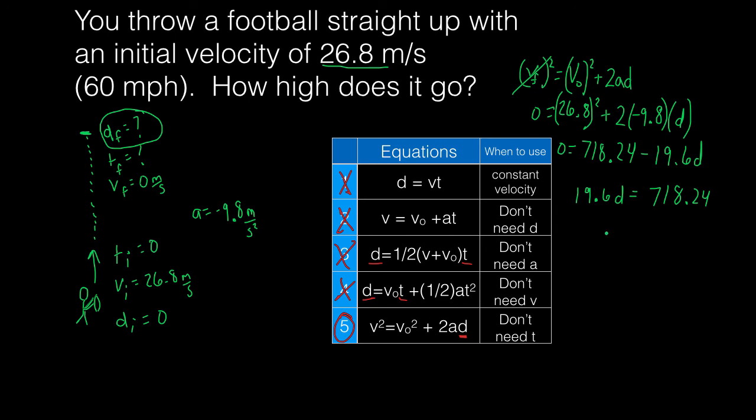And that will give me what d is equal to. So displacement is equal to, in this case, 36.6 meters. And remember, displacement is always measured in meters, so 36.6 meters is how high that football will go if you throw it with this initial velocity.